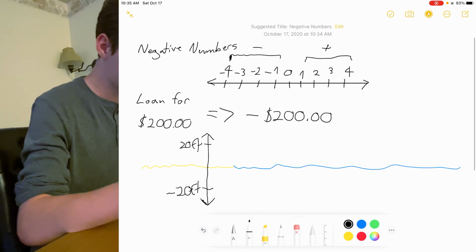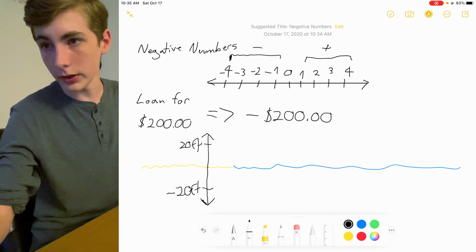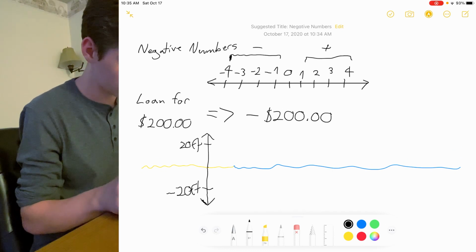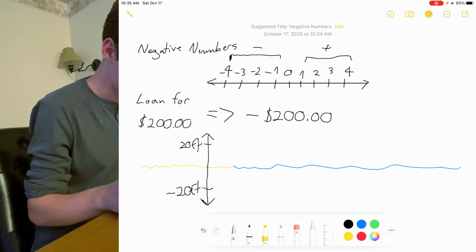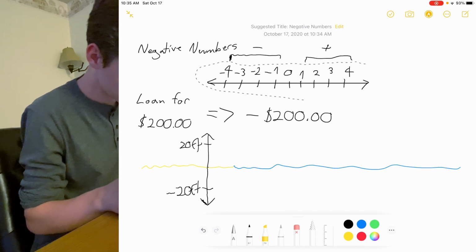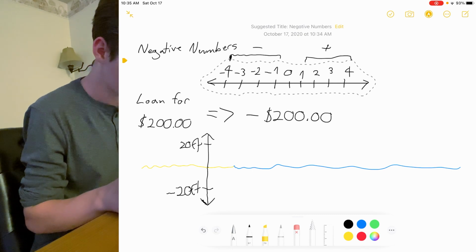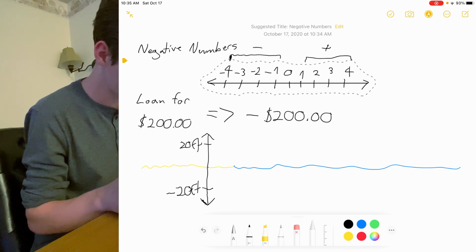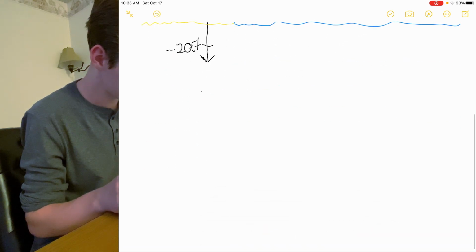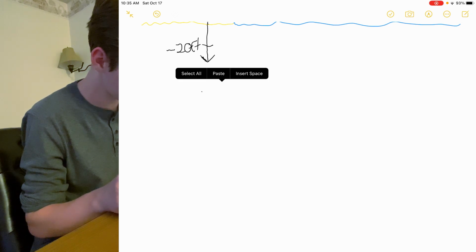So I'm actually going to copy this number line and paste.